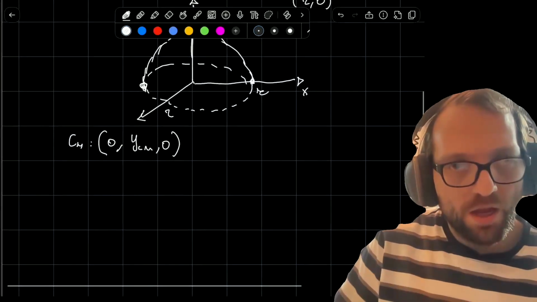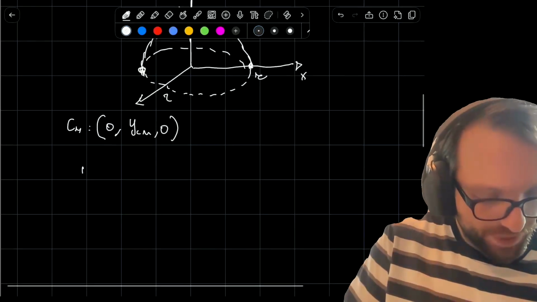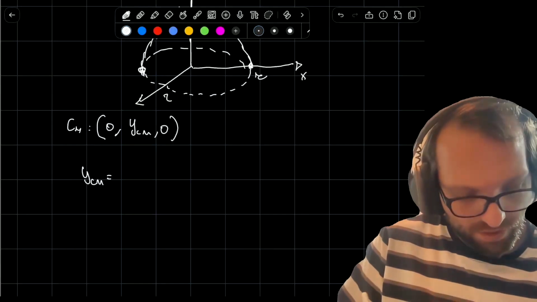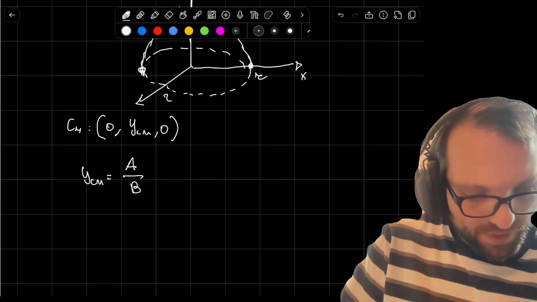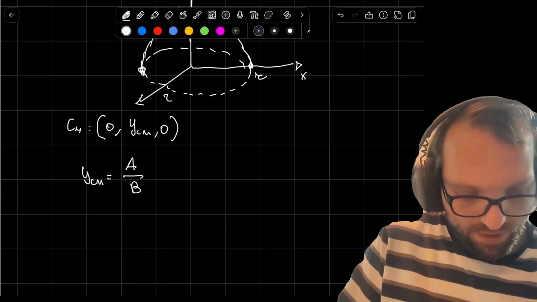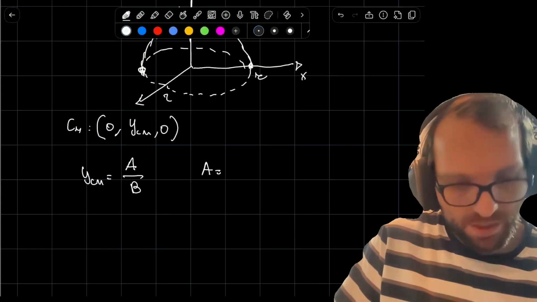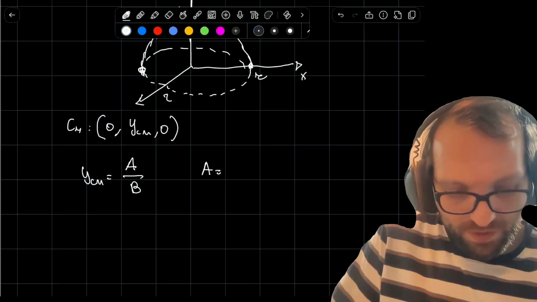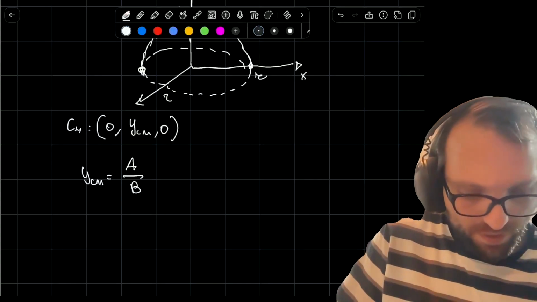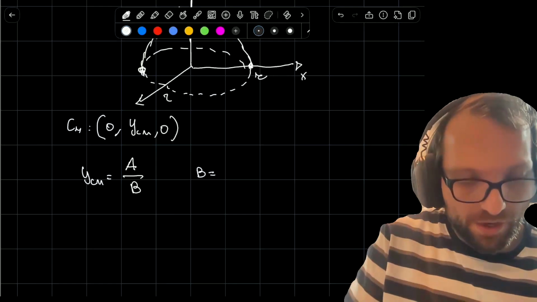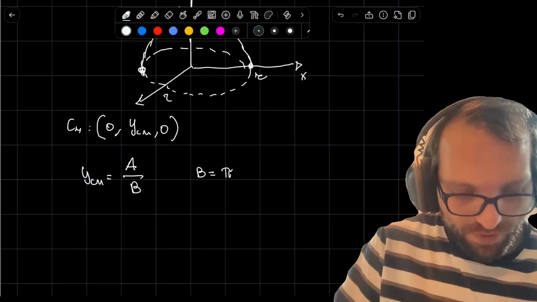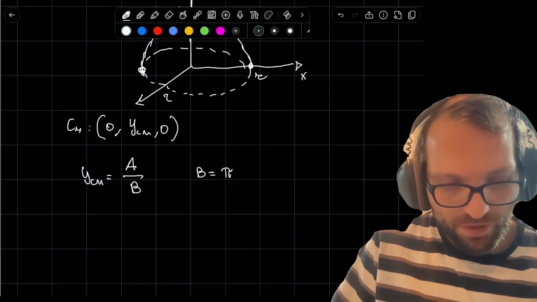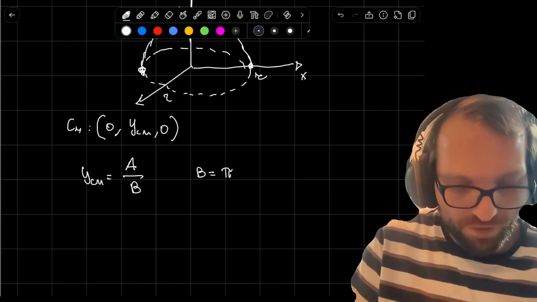Now, how do we find the center of mass? This is going to be the ratio of two integrals that I call A and B. Let's start with B, because B is the volume of the solid, and here we're going to use the formula for the rotation of the function.